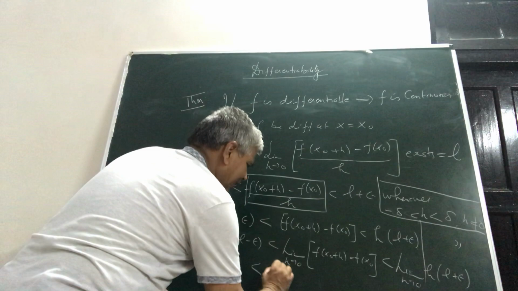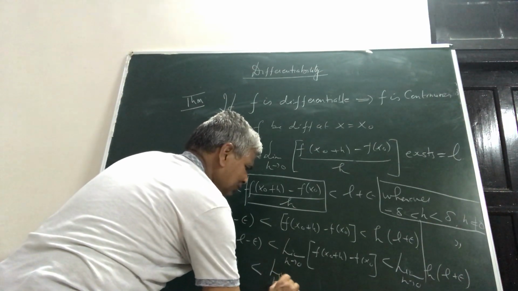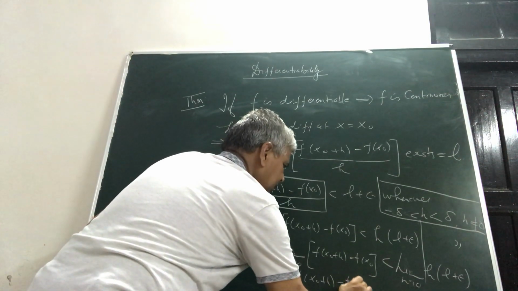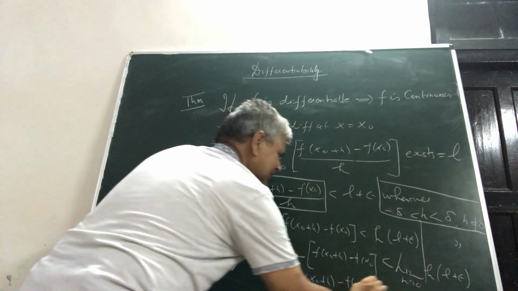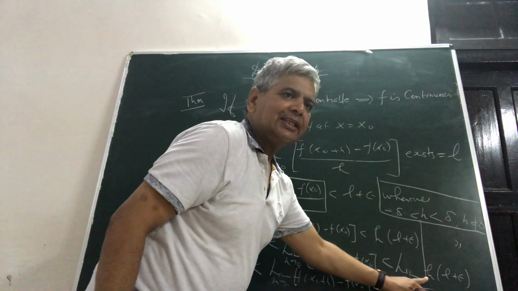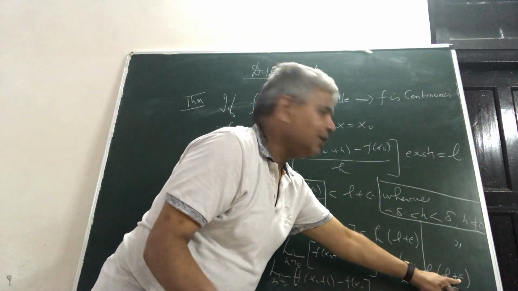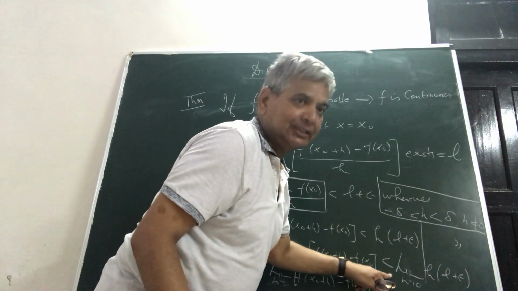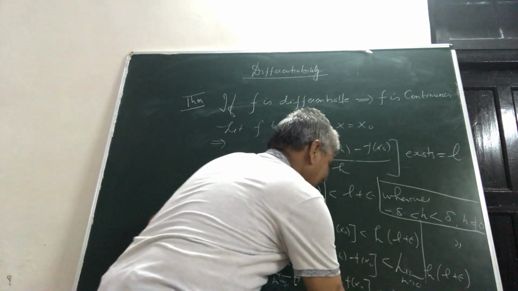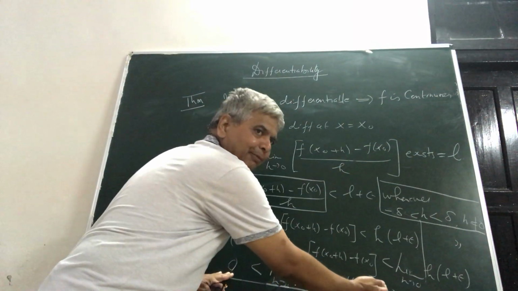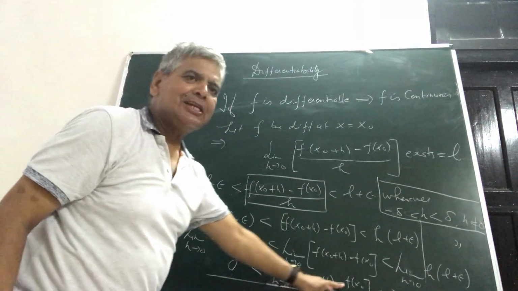The middle limit, as h tends to 0 of f(x naught plus h) minus f(x naught), don't calculate, keep it as such. Likewise here, h is a polynomial in h, and L plus epsilon is some constant, so this constant can be taken out and this limit will also be 0. Therefore by the sandwich theorem, this limit is lying between 0 and 0, so obviously this limit will be 0.